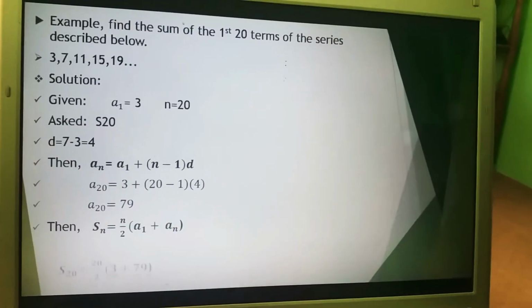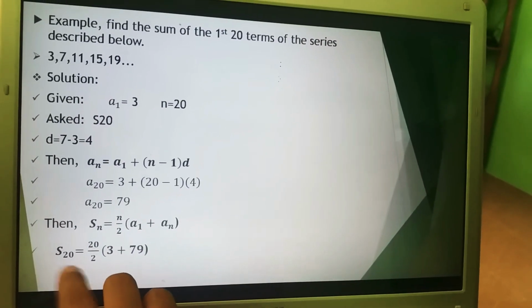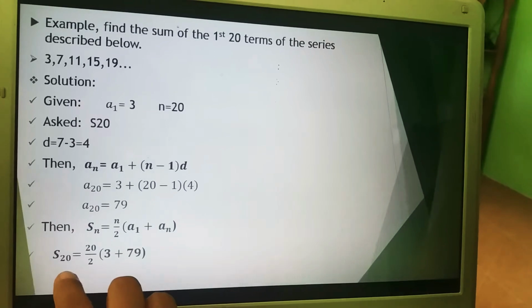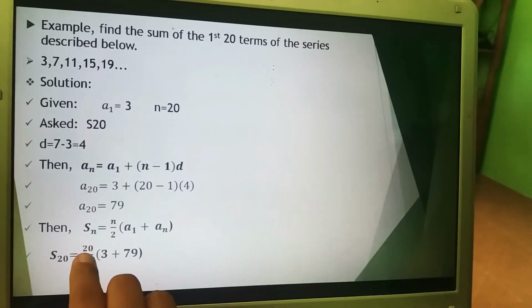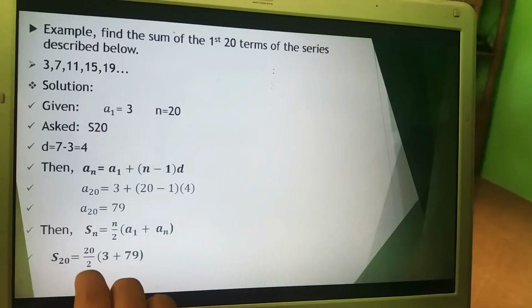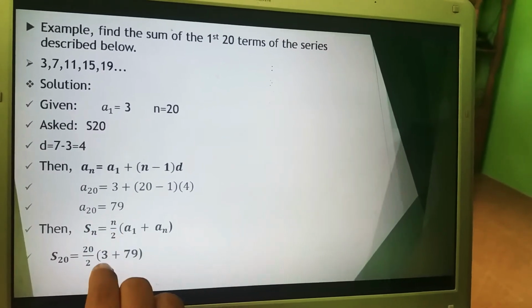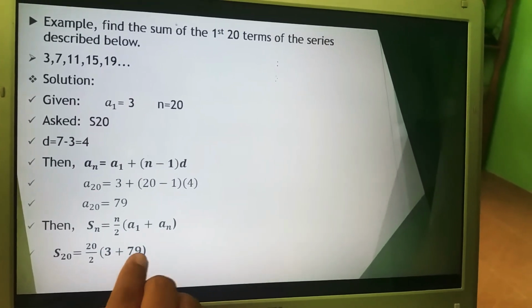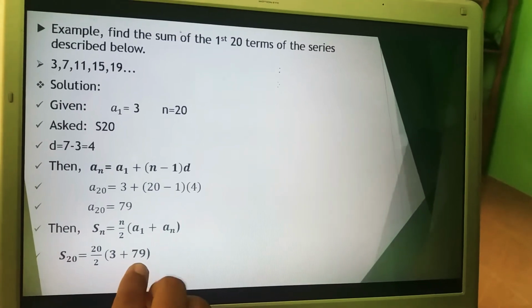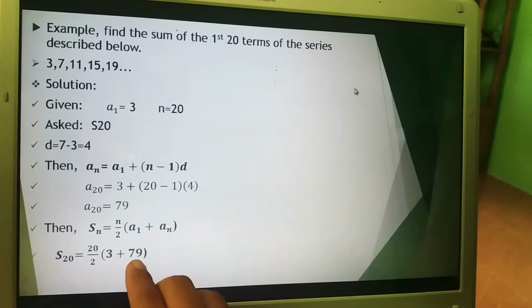So, s sub 20, the sum of the 20 terms of the series, is equal to, substitute lang natin yung n which is 20 divided by 2 times your a sub 1 which is 3 and your a sub 20, your last term, yung pang 20 na term natin, is 79.